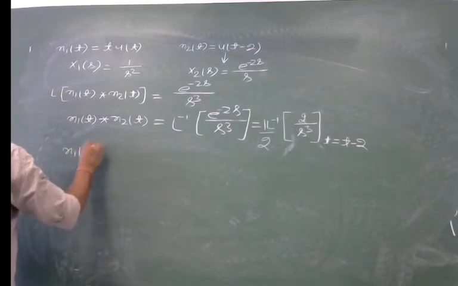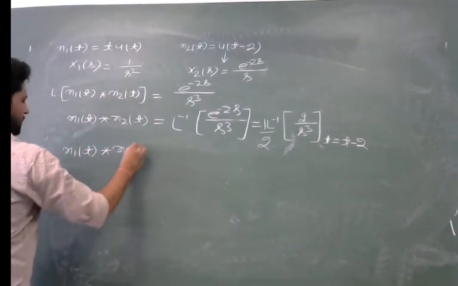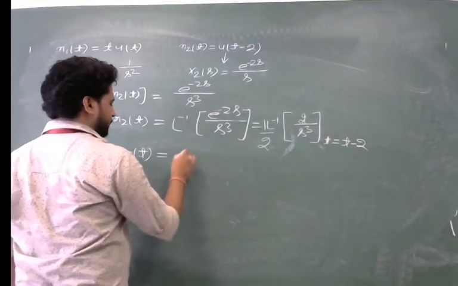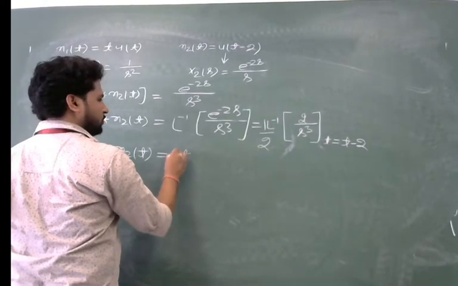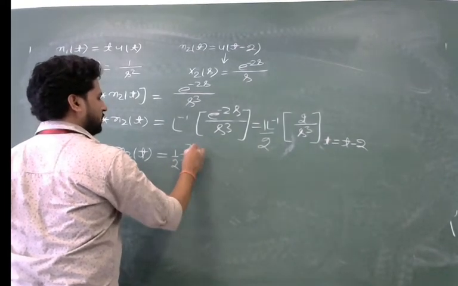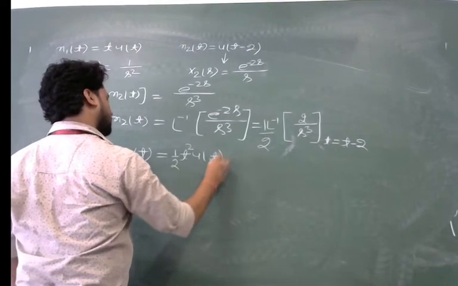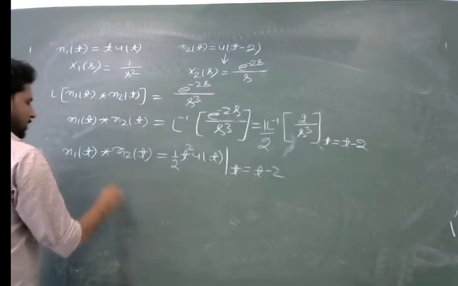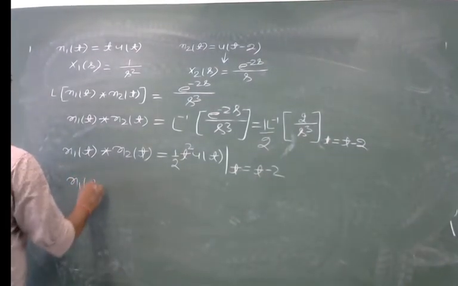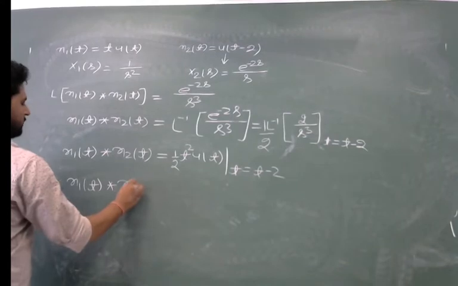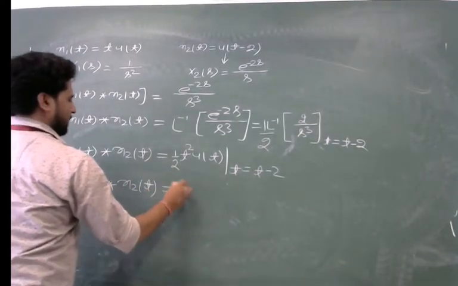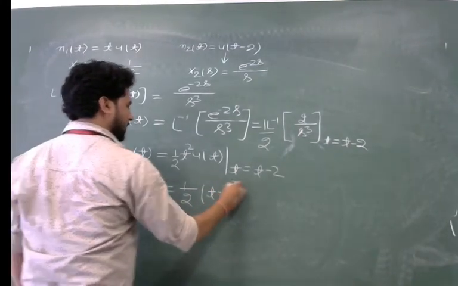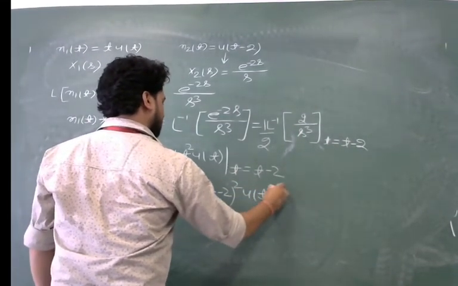So x1(t) convolution with x2(t) will be equal to 1 by 2 into t square u(t), where t will be equal to t minus 2, or this can be further written as x1(t) convolution with x2(t) will be equal to 1 by 2 times (t minus 2) whole square into u(t minus 2).